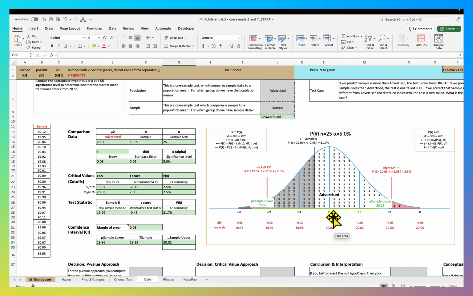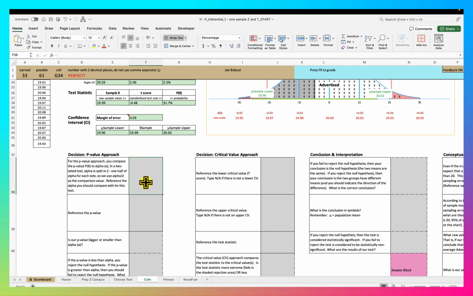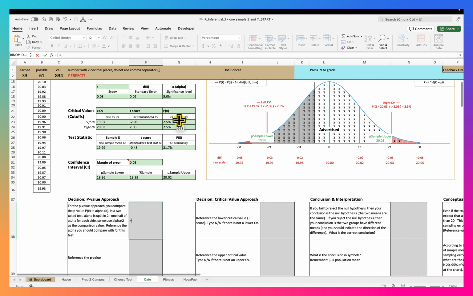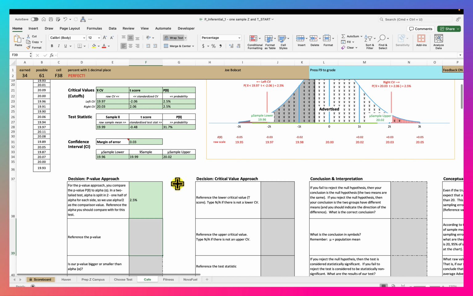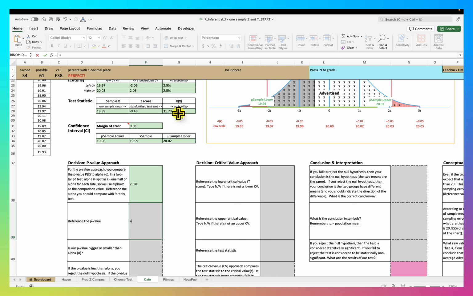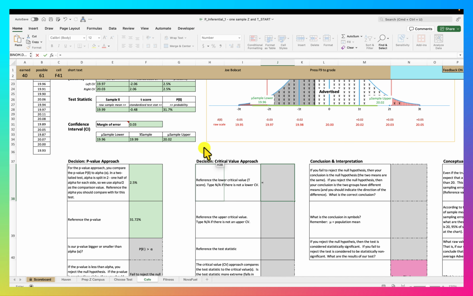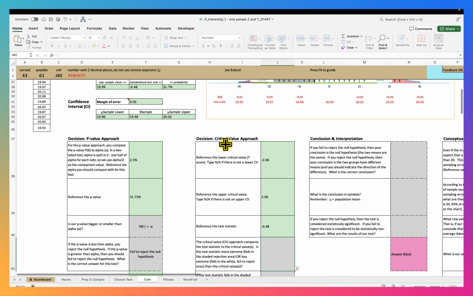But let's go through the motions here anyway. So our probability that we're checking against on each tail is 2.5. The p-value is that, which is a whole lot more than alpha, which means that we are going to fail to reject. And then we have two critical values. Okay, and this is the lower one, and this is the upper one, and the test statistic is that one.